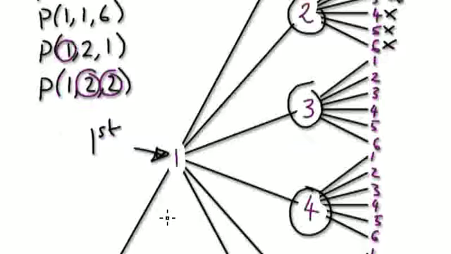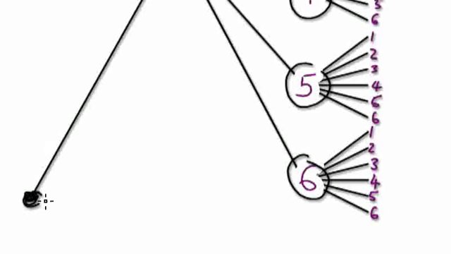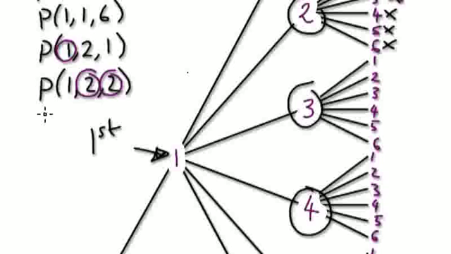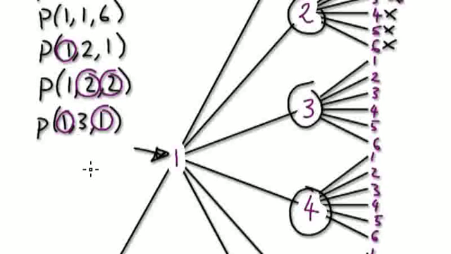Let's go back to the beginning again. You get a 1 on your first die, and then you get a 3. So 1, 3, 1 would be a good outcome, because there's a double here and a double here.